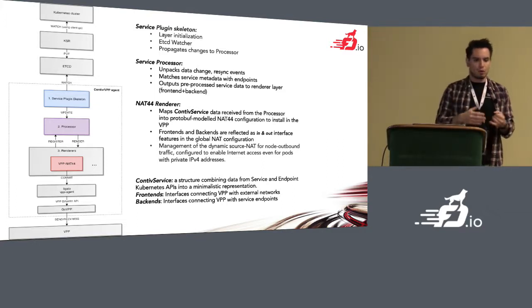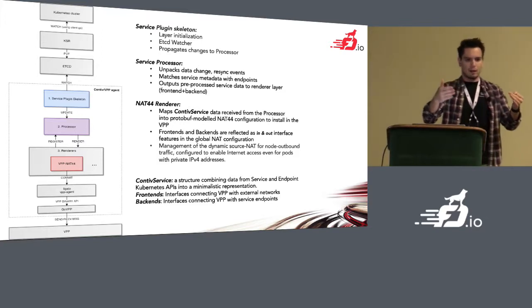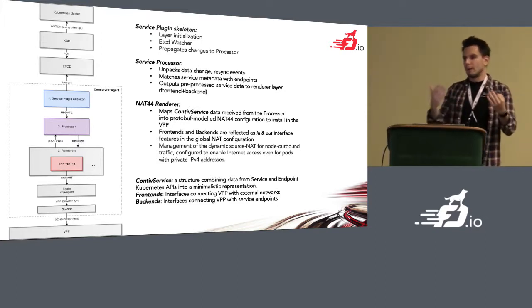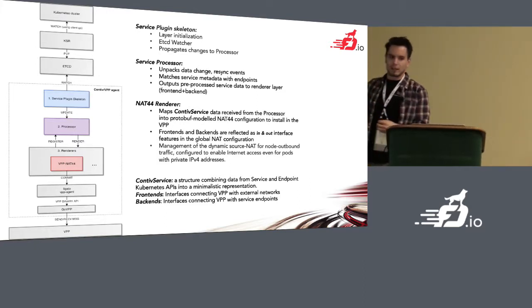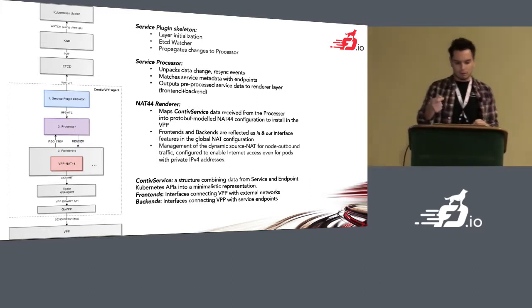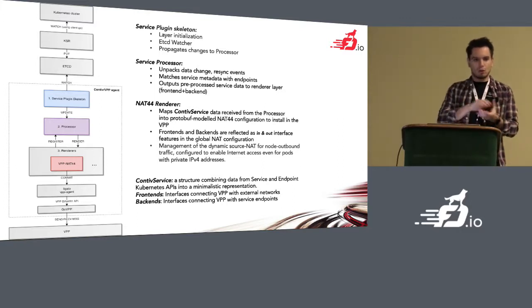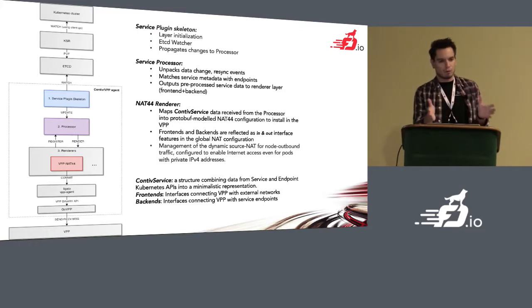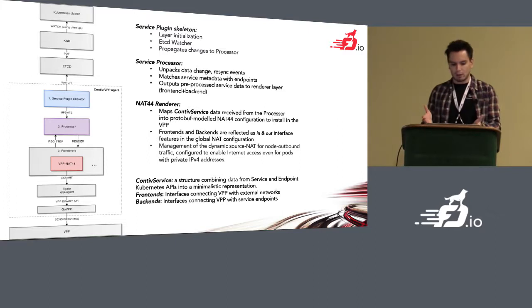Front-end is for pretty much all the pods that don't run behind the service, whereas back-end is all the, let's say, interfaces that are potentially going to run a service or connect to a service. And all that information is sent to the NAT44 renderer, where it maps that Contiv service data it receives from the processor into a protobuf model, which is essentially the configuration that gets pushed down to VPP.